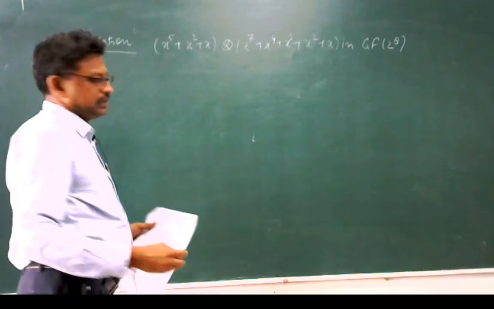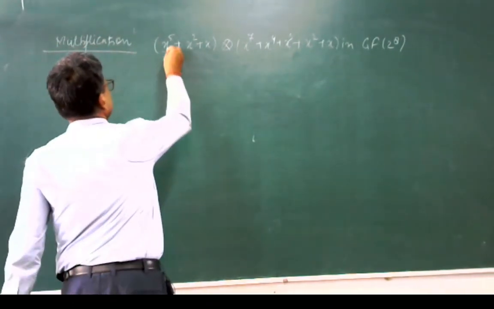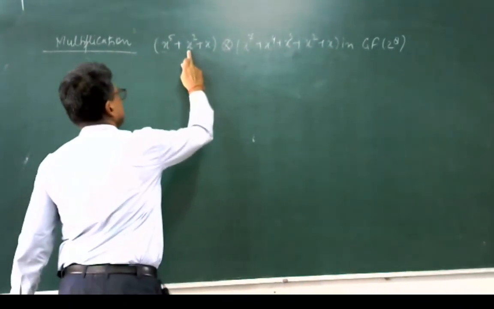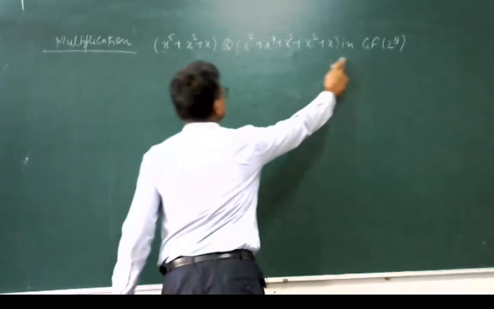Just as you do normal multiplication, first we will take x5 and multiply with all the elements of the second one. Then we take the next term and multiply with all the elements, and then the next.